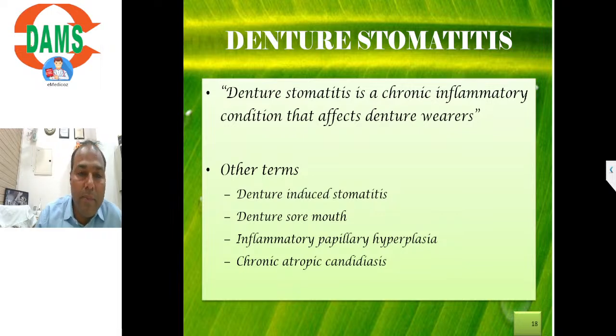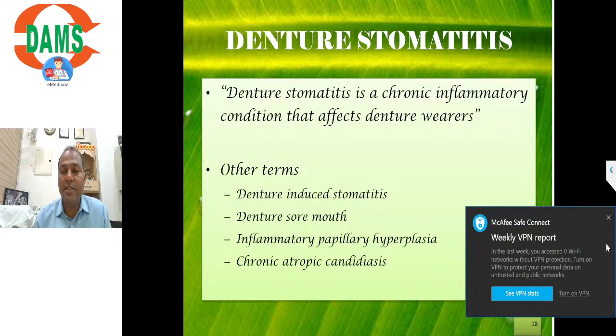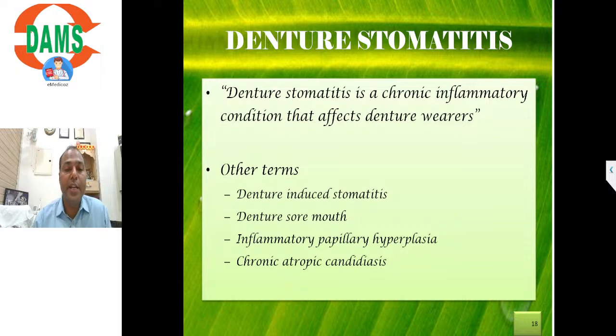It's a chronic inflammatory condition that affects the denture bearing mucosa. It has various names, like denture induced stomatitis, denture sore mouth, SCAC, chronic atrophic candidiasis.